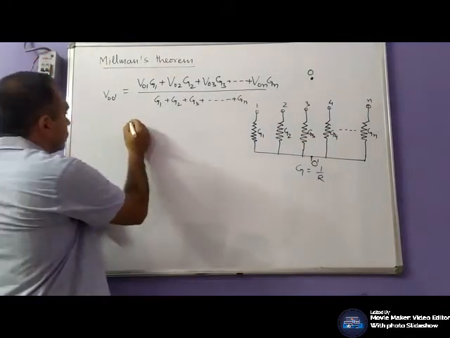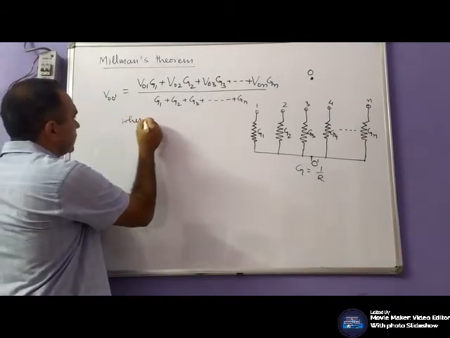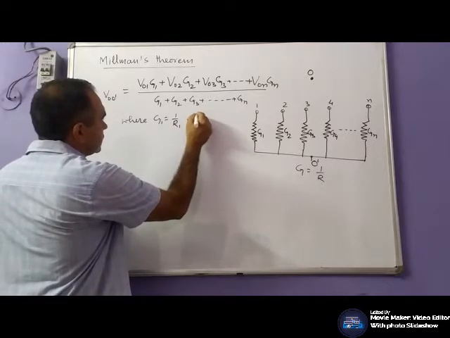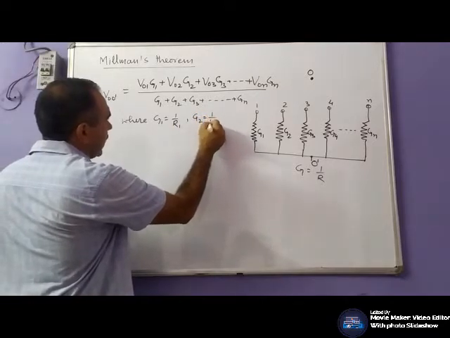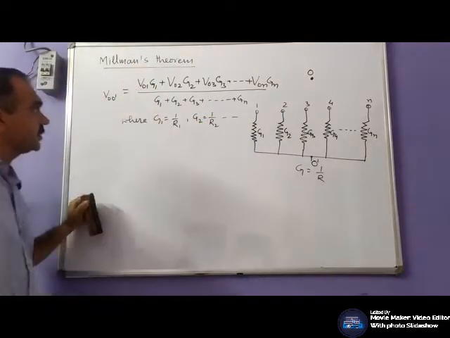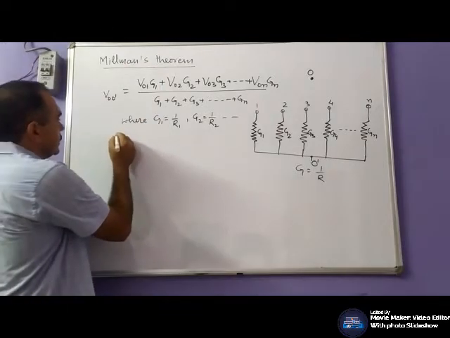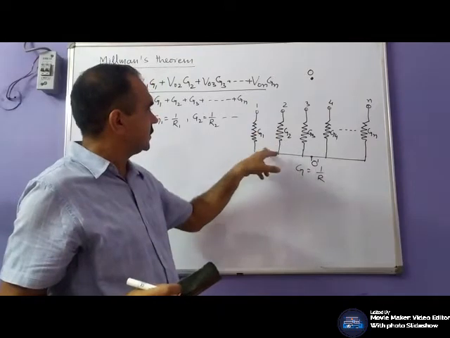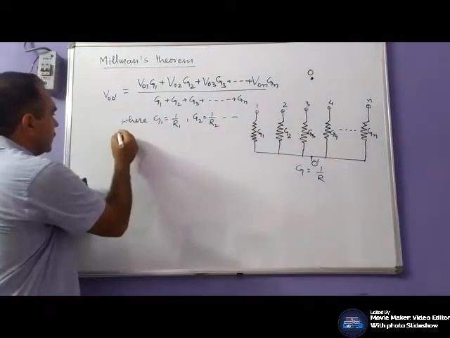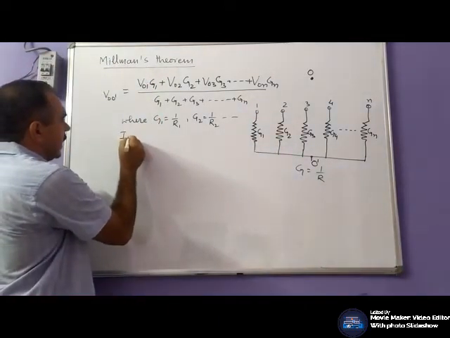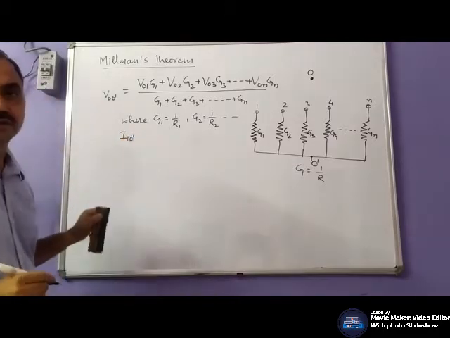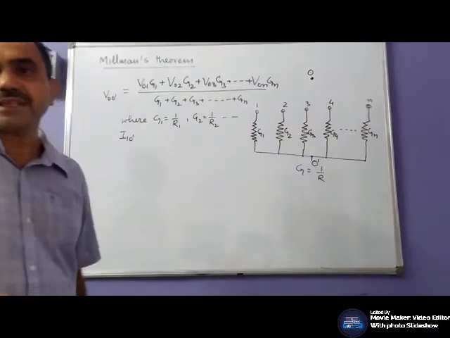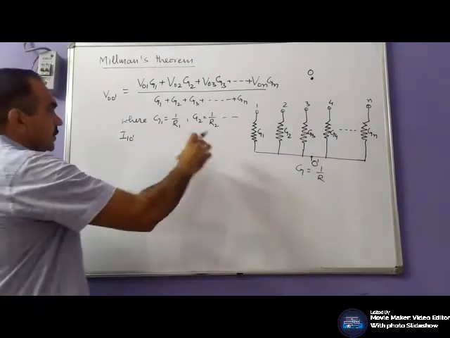Where G1 is 1 by R1, G2 is 1 by R2 and so on. And what would be the current in this branch? For example, I10 dash, 1 to 0 dash.